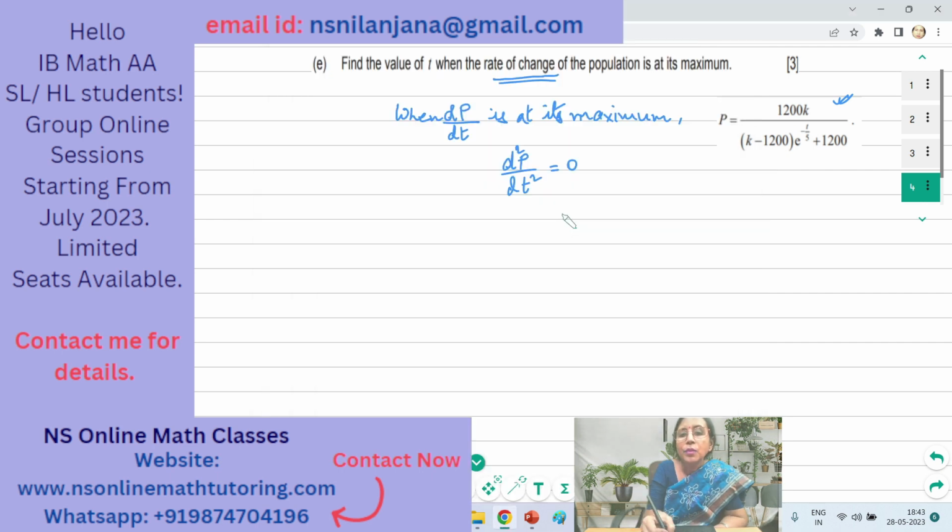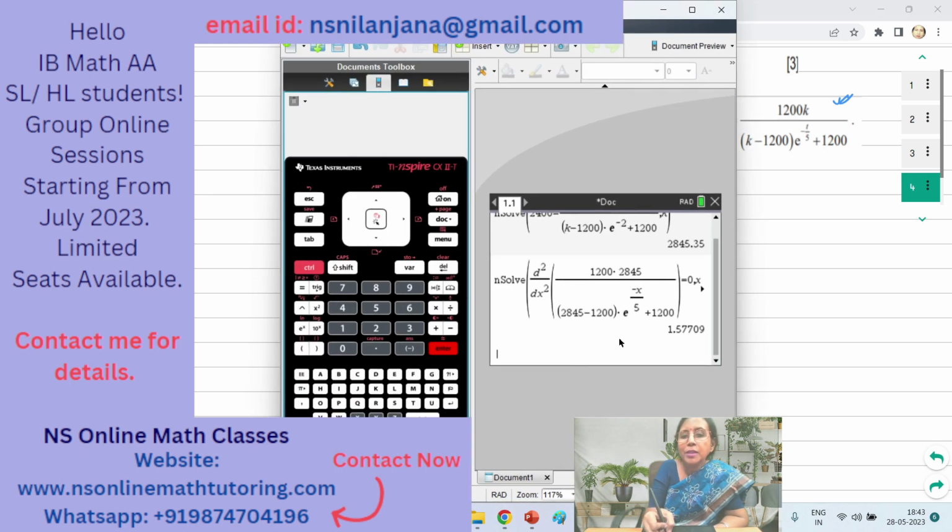I can write using GDC insolve, t is equal to 1.58.